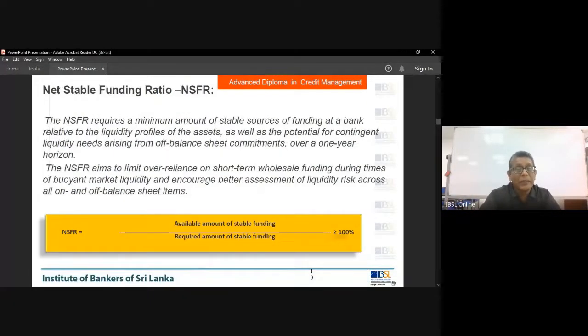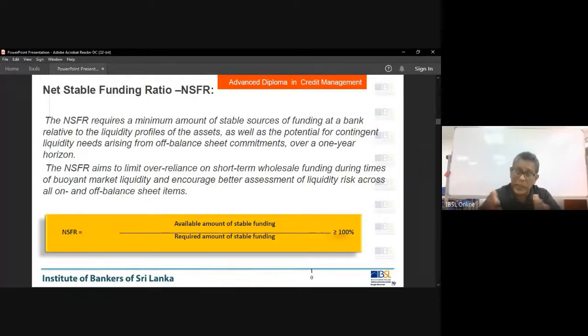So therefore, next one is the net stable funding ratio. Net stable funding ratio means usually, unlike the short term, banks also need to maintain certain liquidity for long term requirements, right? The long term requirement usually we call as a 1 year period. Contingent liquidities may be arising due to off balance sheet commitment, right?